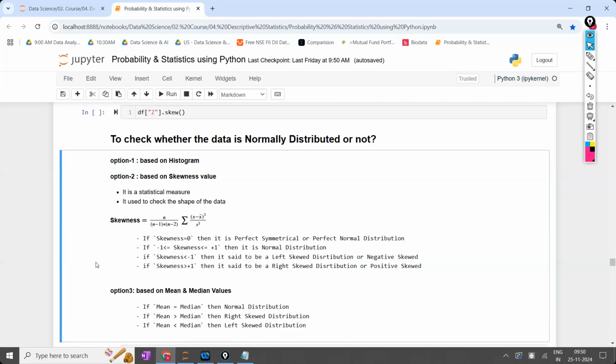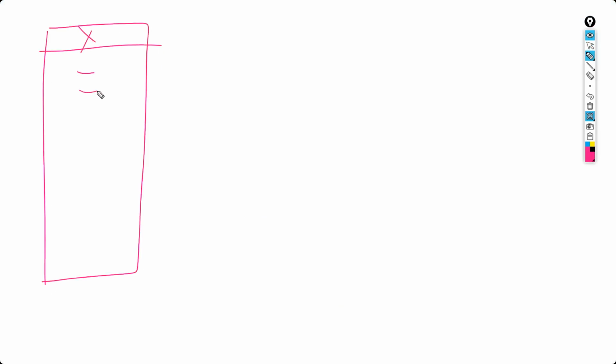Now, what is the skewness formula and how is it calculated? For example, some data was given to you. How to calculate the skewness? You know how to calculate variance now; I'm explaining everything on how to calculate manually also. First step is to calculate x minus x bar, that is nothing but the mean.